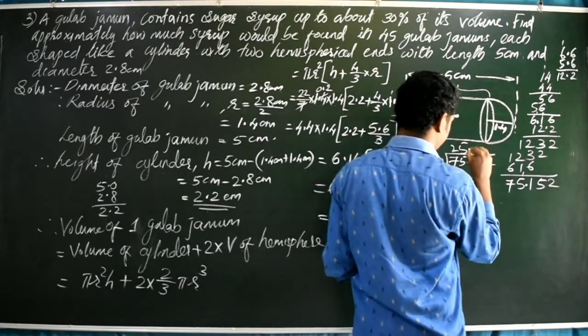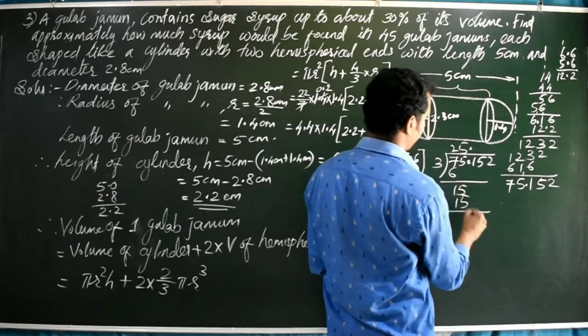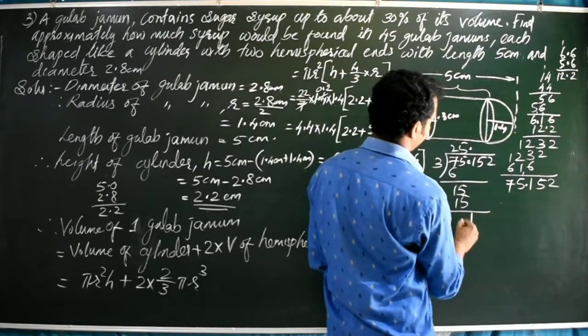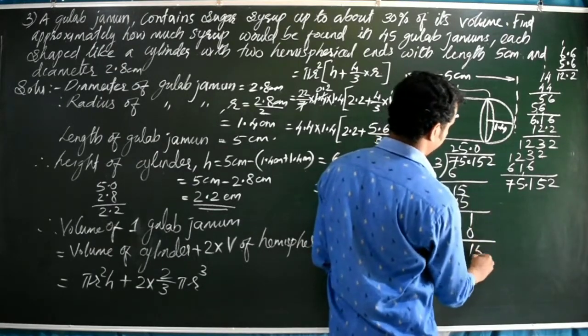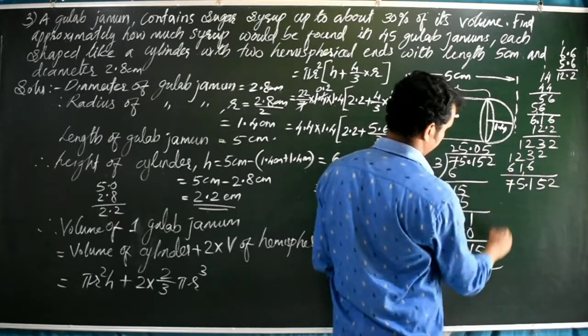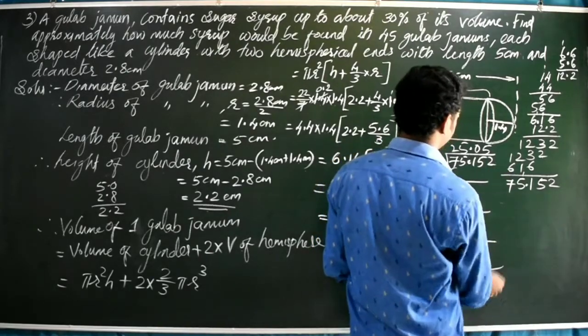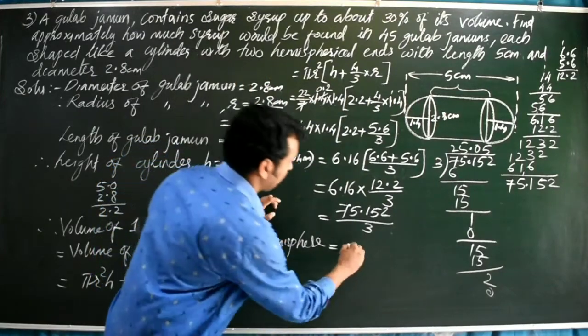Bring down the next digit; before that the decimal point is there, that we have to put in the answer. 1 divided by 3 is not possible, so 3 into 0 is 0, remainder 1, again 15. 5 3s are 15, then remainder is not there. Bring down the next digit 2. 0 will come, 2 divided by 3 is not possible, so we can write 25.05.